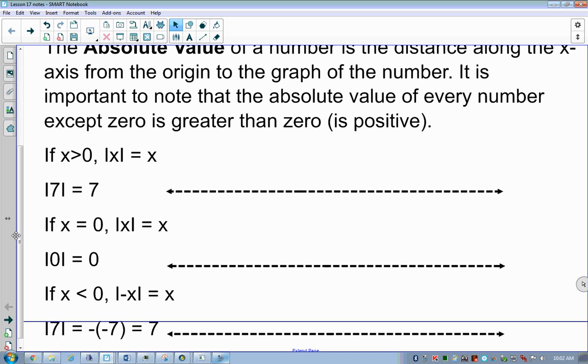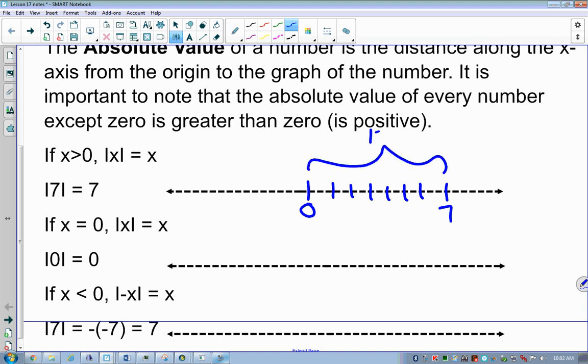For instance, let's say my origin is here, and we count 1, 2, 3, 4, 5, 6, 7, right? Here's 7. The absolute value of 7 is 7. So 7 is the distance. That makes sense. We deal with positive numbers really well. It's whenever we get into the negative numbers that we kind of start to have a problem.